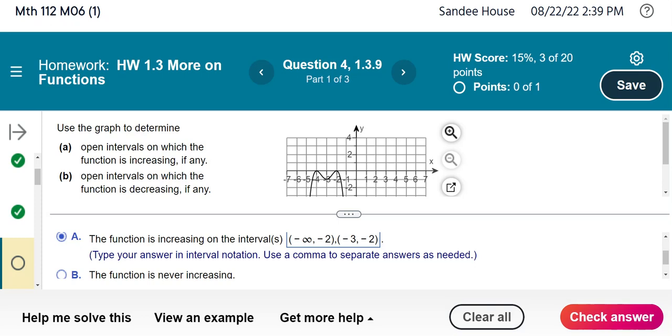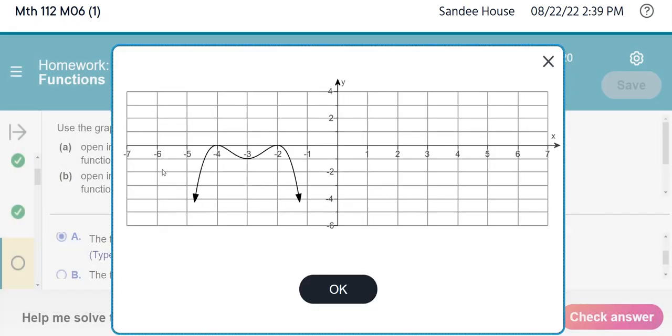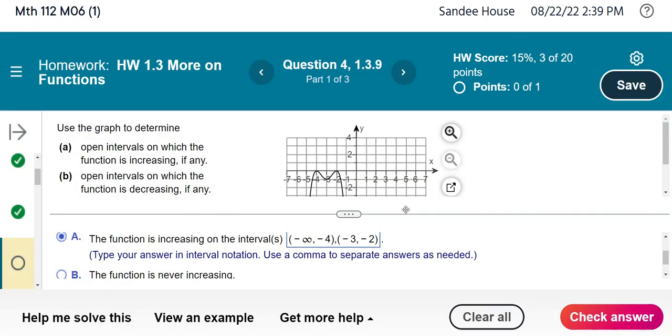Okay, let me look again. Oh, it's to -4. Okay, so let's clarify that. It's rising from negative infinity to -4 and from -3 to -2. That's right.